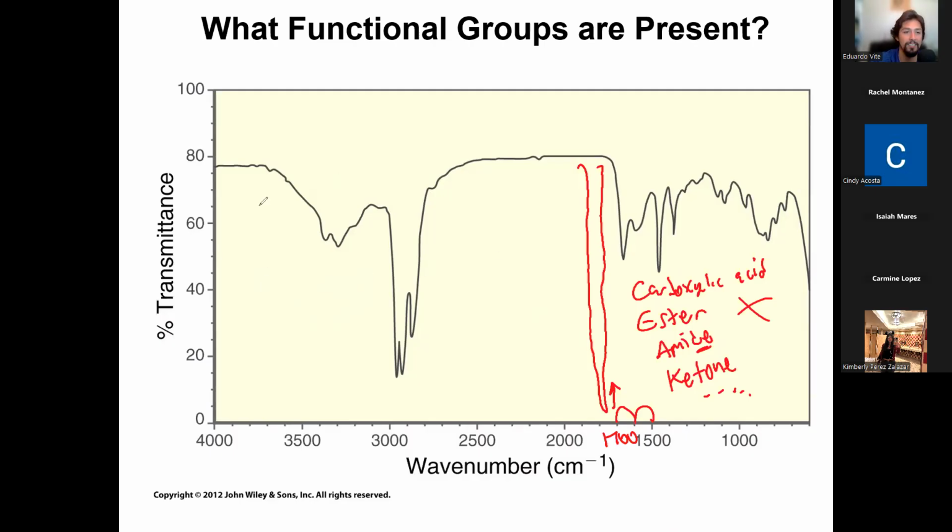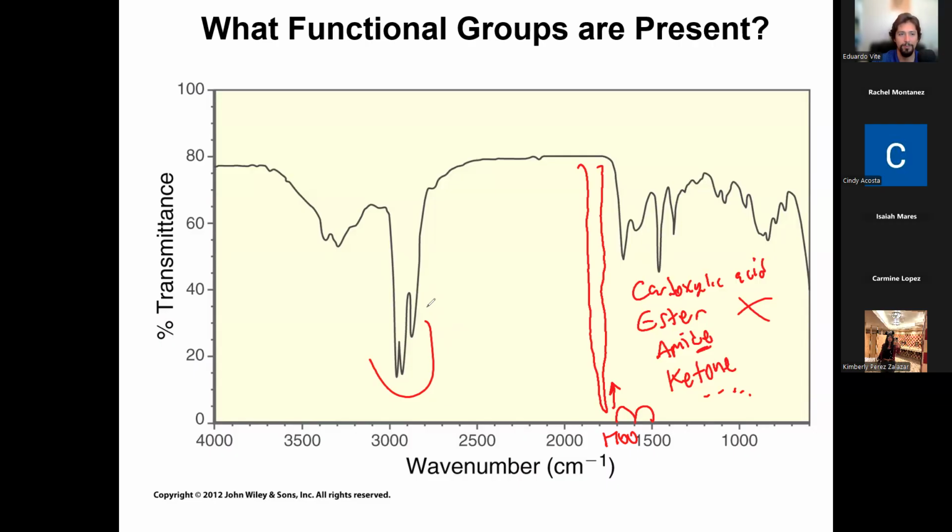So what else do we see? What else stands out? What are these peaks here? This set of peaks at 3000.